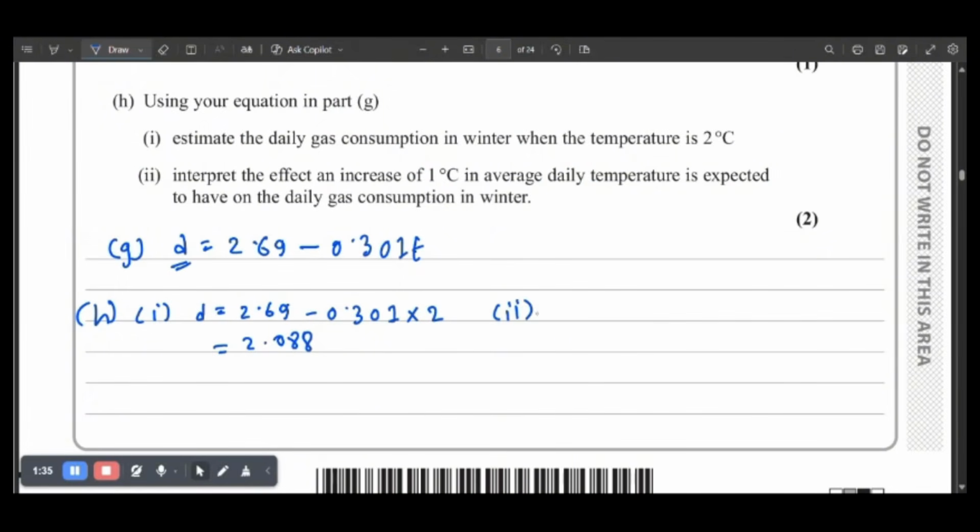What this refers to is the gradient of the function, b, which is minus 0.301, gives us this value. It shows us that an increase of 1 degree Celsius will decrease the gas consumption by 0.301 meter cube.